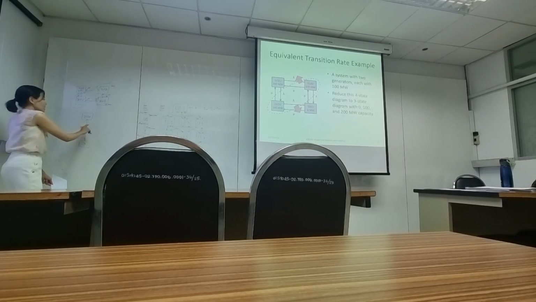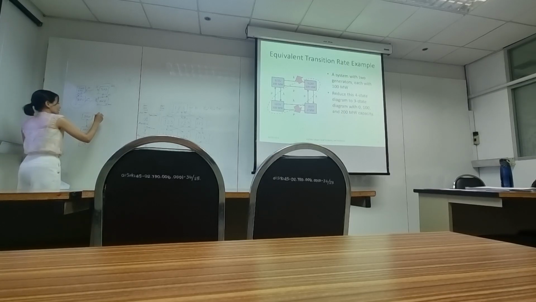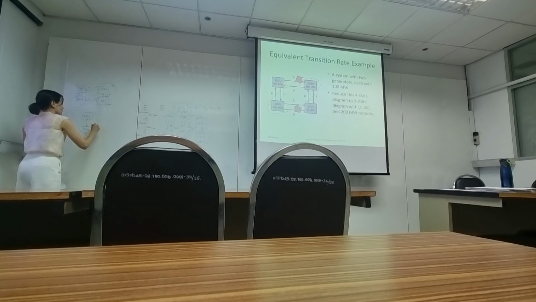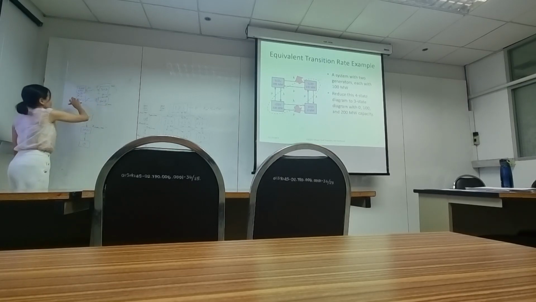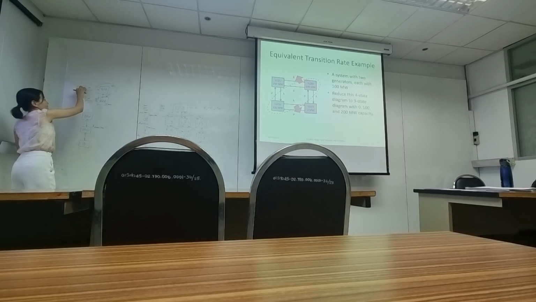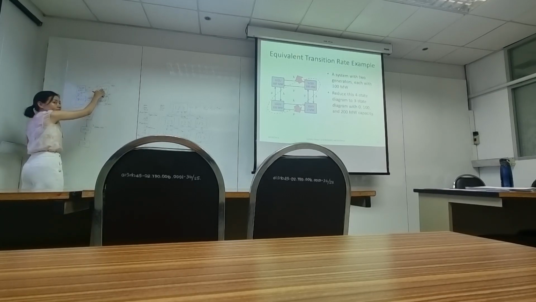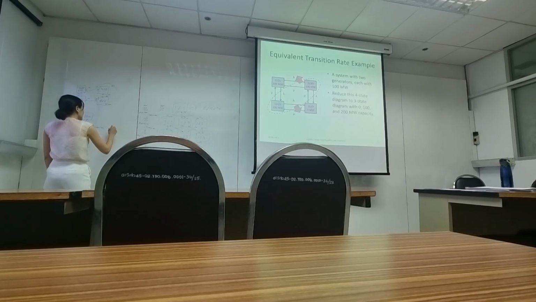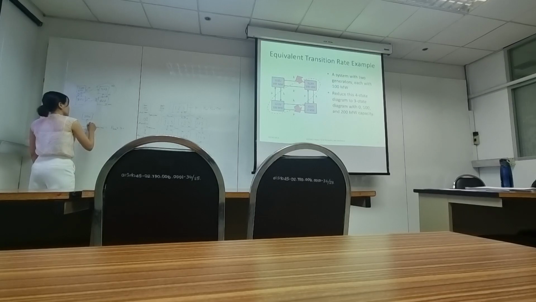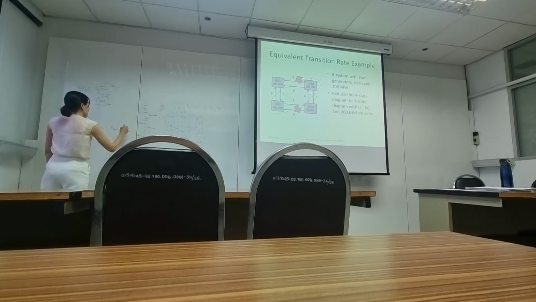So first, we already found this thing, lambda 200 to 100, which will be equal to the frequency, right? The frequency is the probability here multiplied by this lambda plus here multiplied by this lambda. So you get probability of 200 divided by lambda, multiplied by lambda, plus probability of 200 multiplied by lambda.